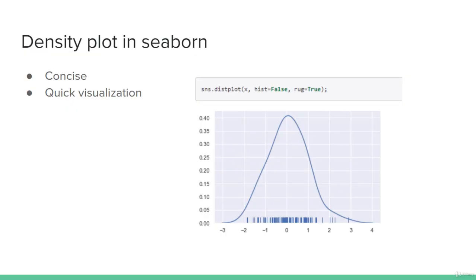For that you just have to call the distplot of sns, which is the alias for Seaborn, and we will specify the data values we want to visualize in x, and then we will set the histogram function to false, and the rug function to true. The rug function is what gives you these parallel lines on the bottom, just above the axis.